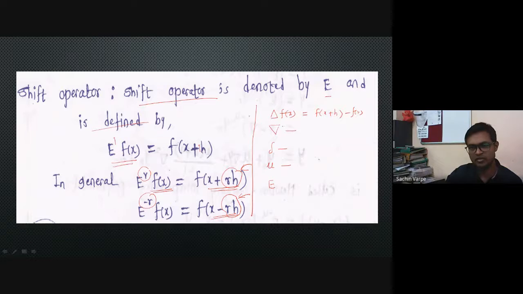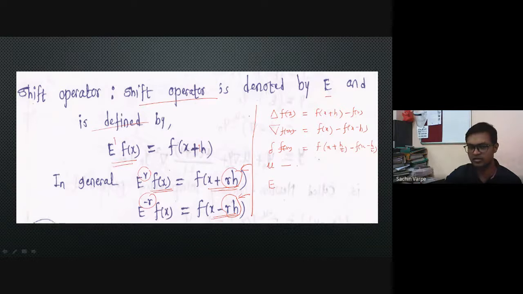When I operate this onto f of x, that gives f of x minus f of x minus h, right? When I operate small delta onto f of x, then that gives f of x plus h by 2 minus f of x minus h by 2.